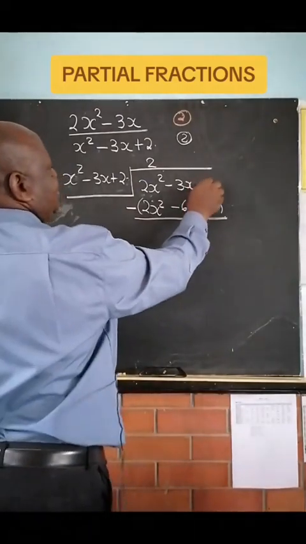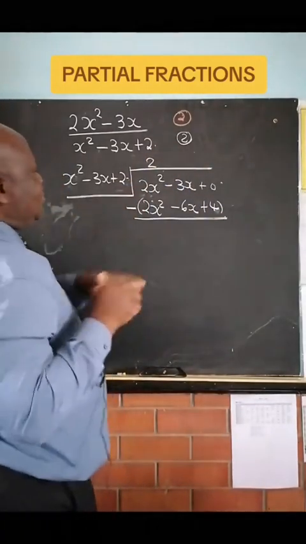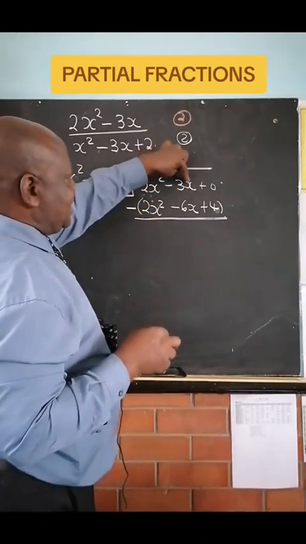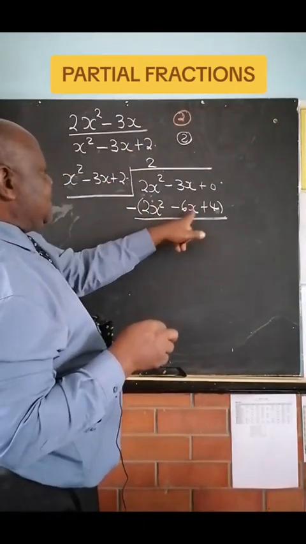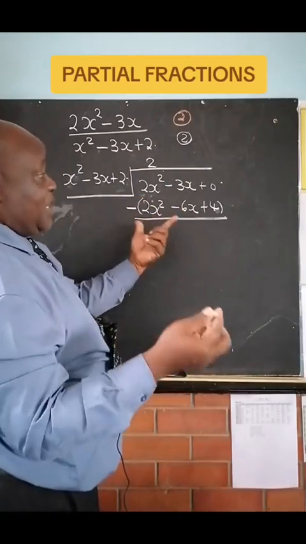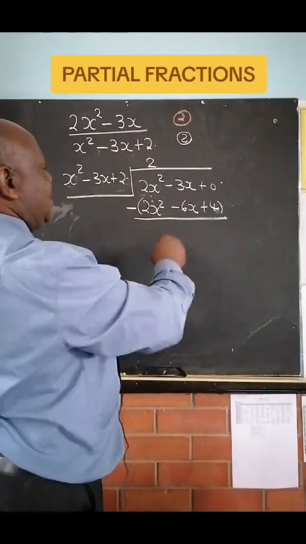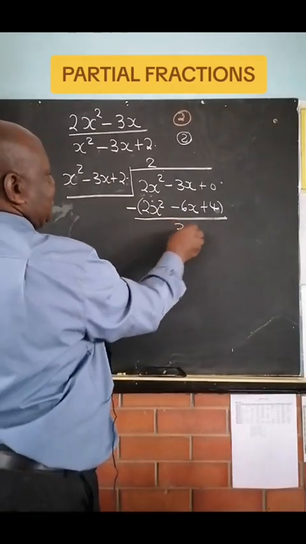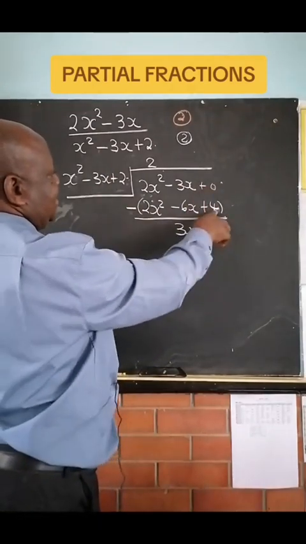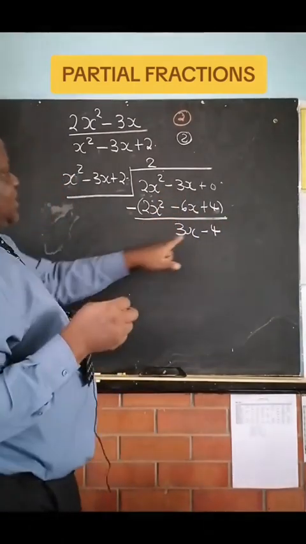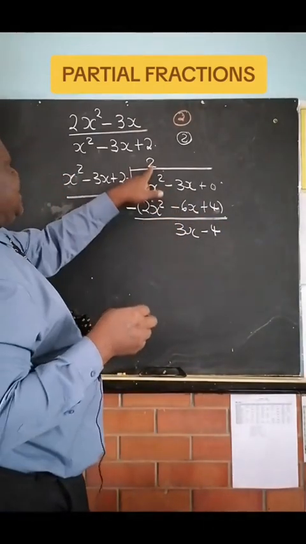Here you can assume that there is 0 there. So 2x squared minus 2x squared will give you 0. Negative 3x, subtract negative 6x. This negative and that one will become positive. So we end up with negative 3x plus 6x, which is a positive 3x. But 0 minus 4 is a negative 4. So this is the remainder and this is the quotient.